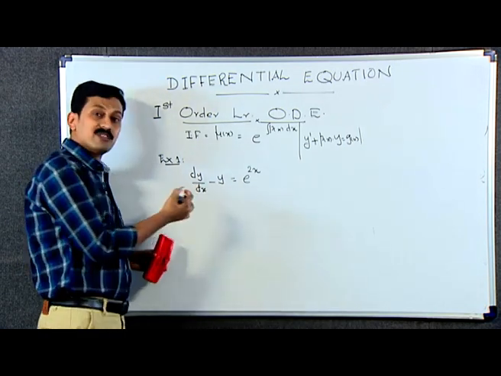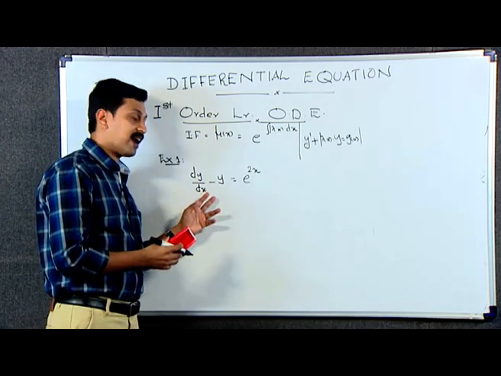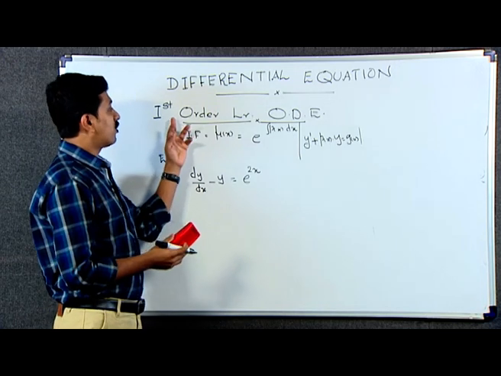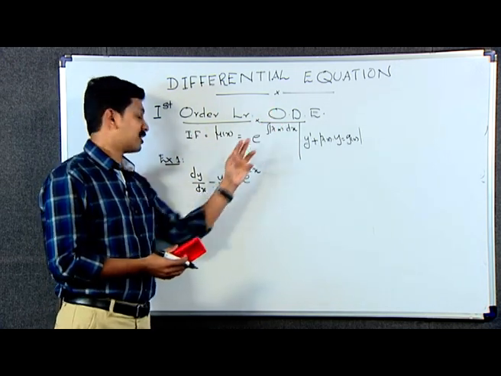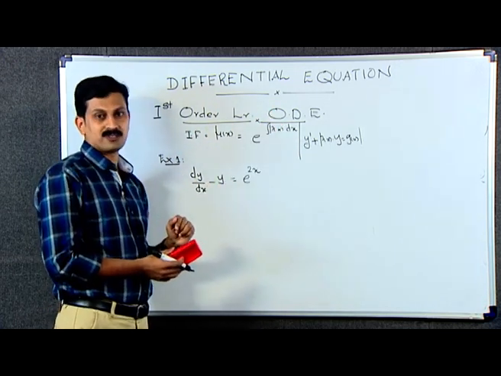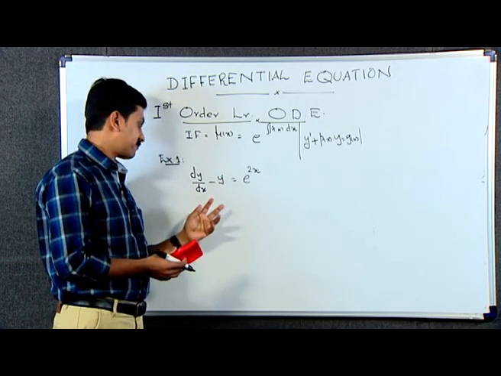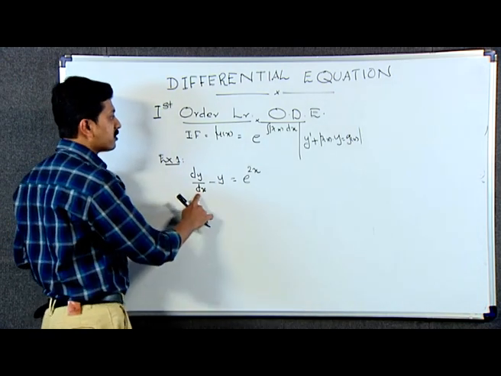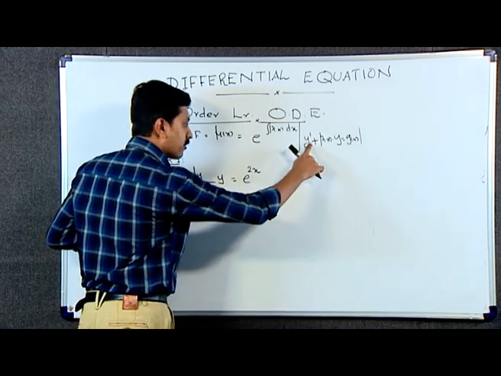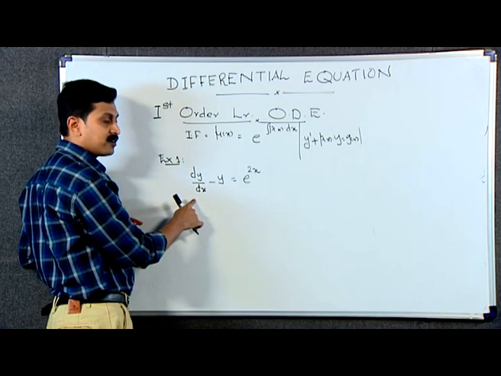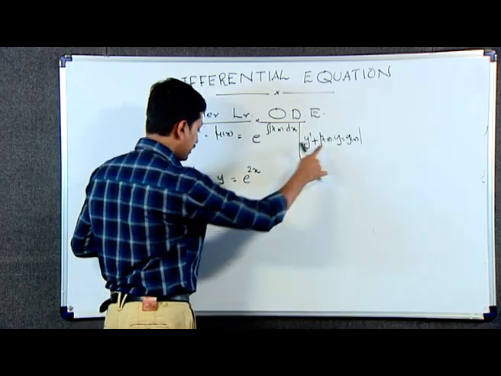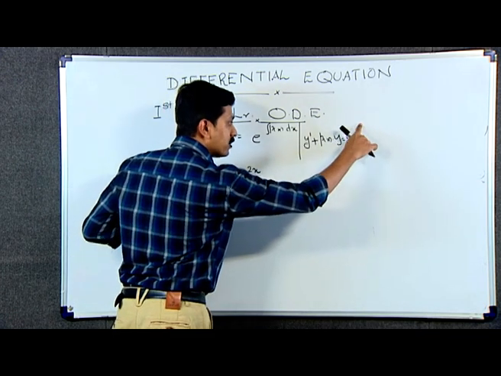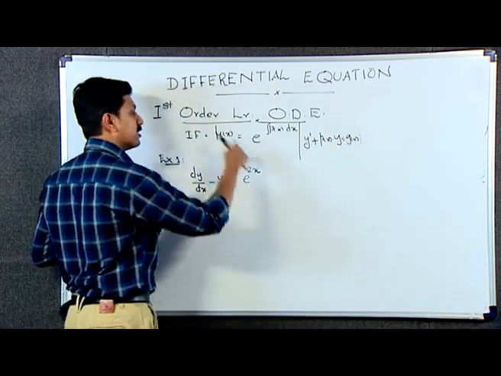Before solving this differential equation, firstly we have to check whether it is the method of variable separable, or a first order linear differential equation, or some other form. First of all, we have to identify the form of the differential equation. Here we can simply compare with the general form. y dash, dy by dx, is here, and p of x into y is here, that is minus y, and after the equal to sign there is a function, e raised to 2x.